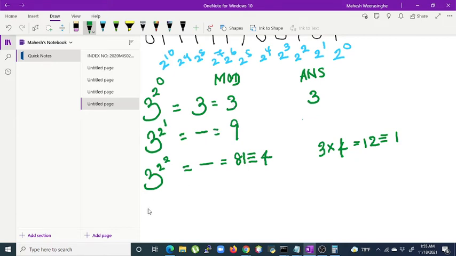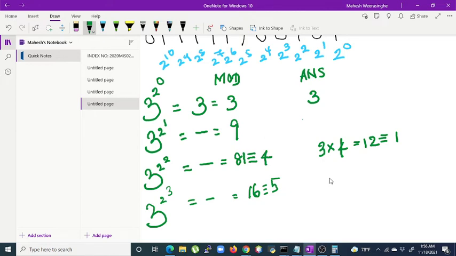So let's try this. 3 to the power 2 to the power 3. If I write this value 81 here and square it, 81 squared means a larger number. But here the mod value is 4, and the square is 16. So it's easy. It's 16, and the mod value of that 16 will be 5, because when I divide 16 by 11, the remainder is 5.